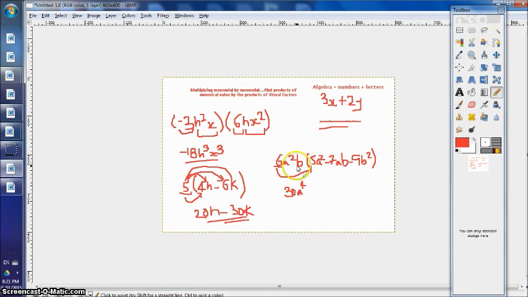So 30. This is a raised to 4. 2 plus 2, we added the exponents. So a raised to 4 b minus 42 a cubed b squared minus 54 a squared b cubed.